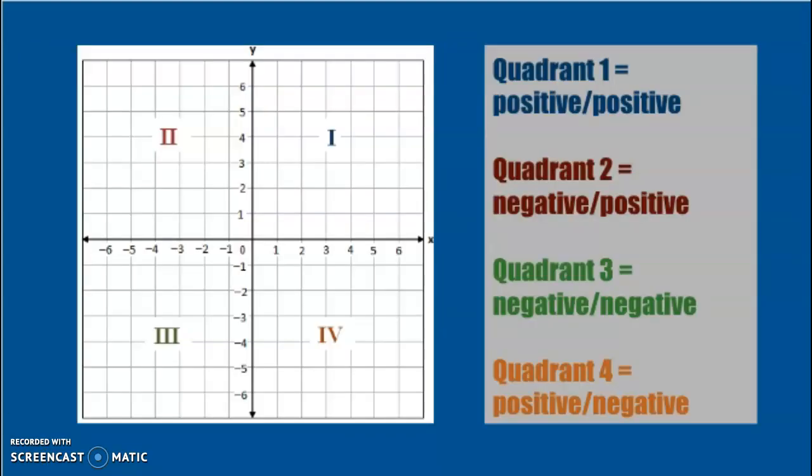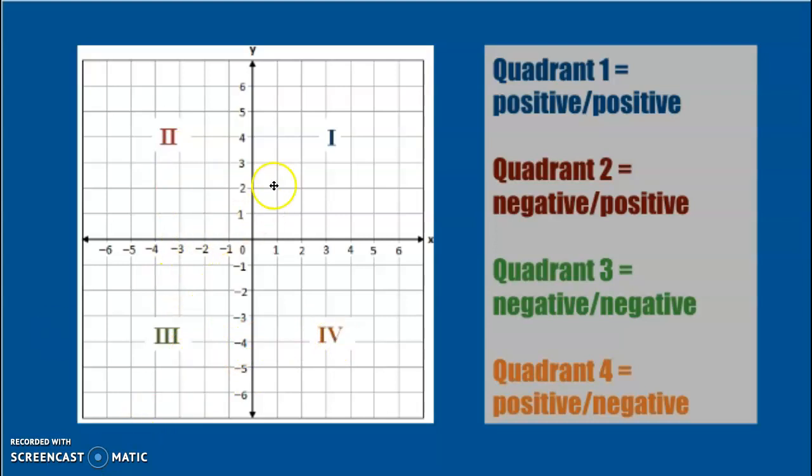The coordinate plane is broken into 4 sections or quadrants. Each quadrant represents a specific data set and is labeled Quadrant 1, Quadrant 2, Quadrant 3, Quadrant 4. The way I memorize them is that they make a letter C as in coordinate when you go from quadrant 1 to 2 to 3 to 4.